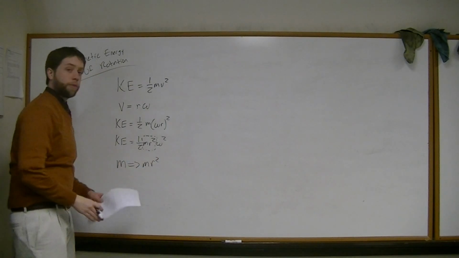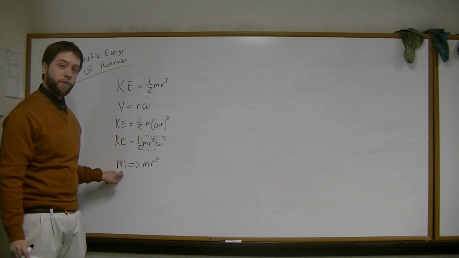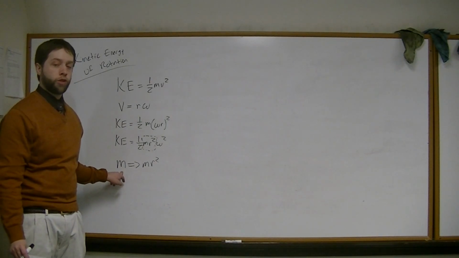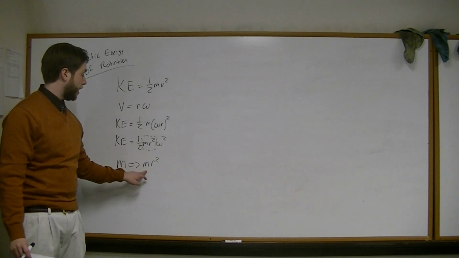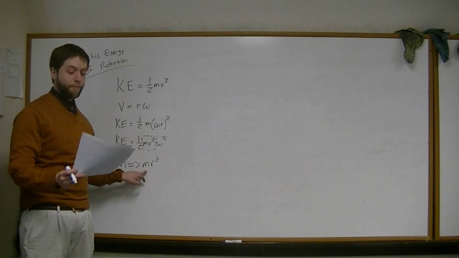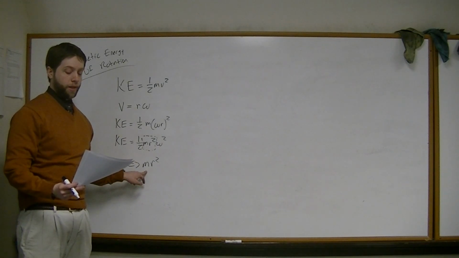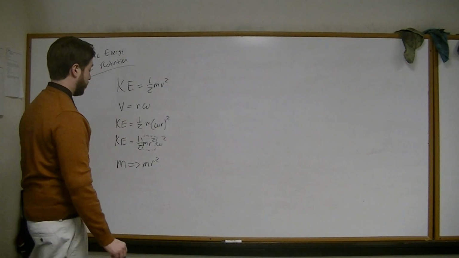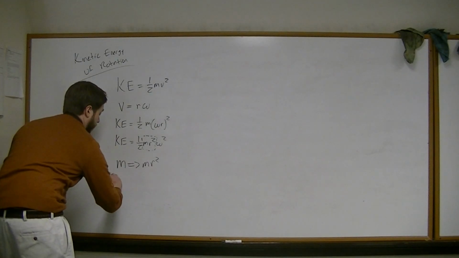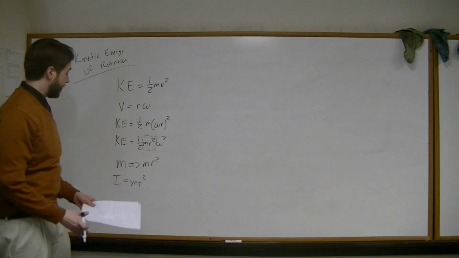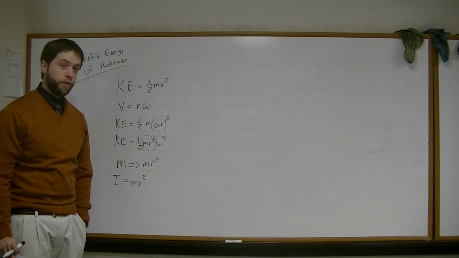So when we're dealing with rotation, m stands in for our inertia. It's going to resist the change in motion or try to maintain it. And now we're going to replace it with mr squared. That term, mr squared, can be replaced with I. And I stands for the moment of inertia.